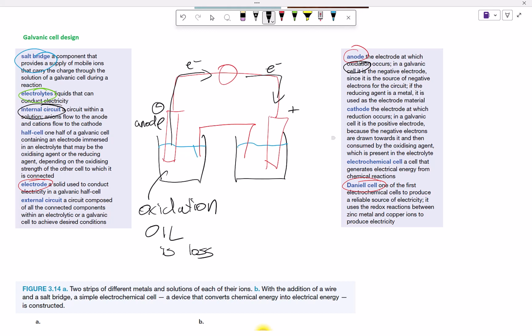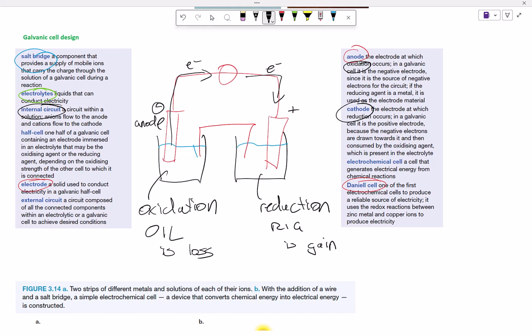Now we're talking about the cathode. It's where reduction is occurring. When you actually draw these and get questions, they could go both ways, but for the moment I'm just showing it like this. And remember, RIG: reduction is gain. That's where the electrons are coming to and things are happening there.